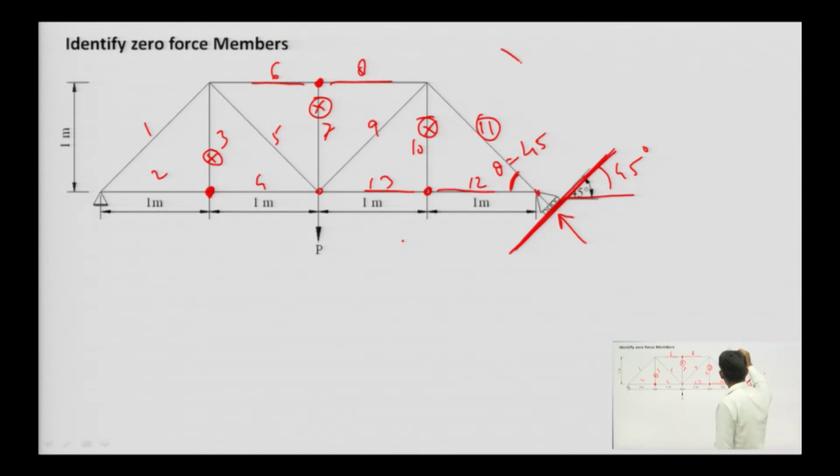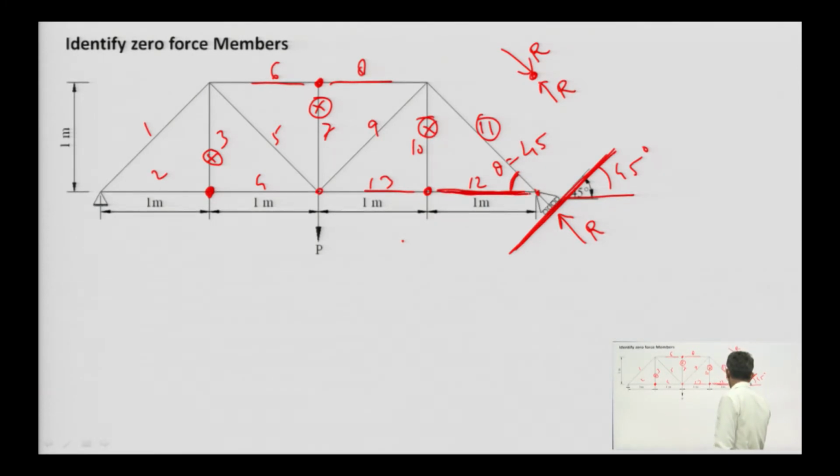So, here member number 11 and this reaction, say reaction R. So, member 11 will be considered as a collinear member, and the value of force in member number 11 will be the same as the value of the reaction. Okay. So, member 11 along with support reaction R is going to be considered collinear, and member 12.